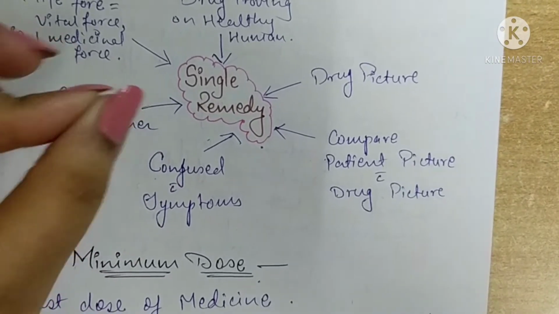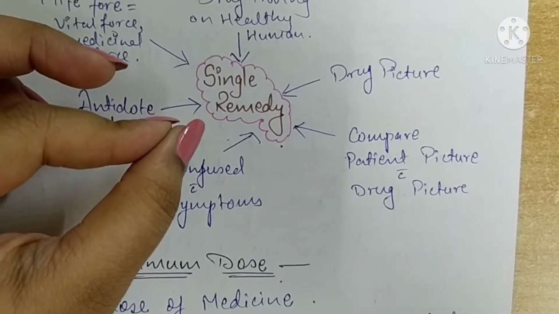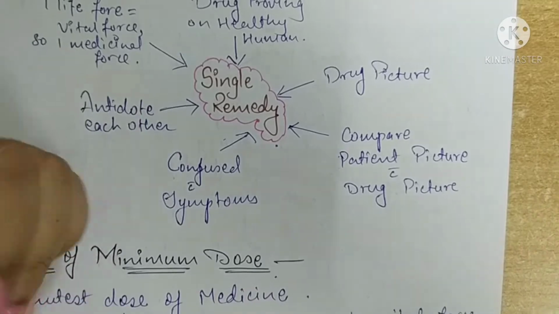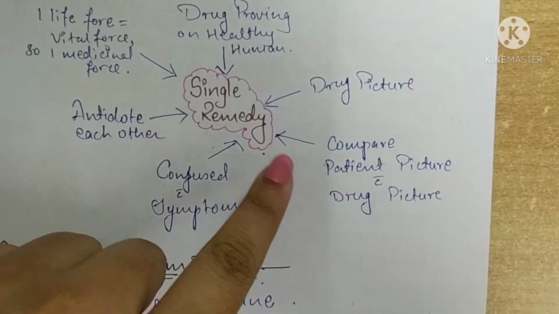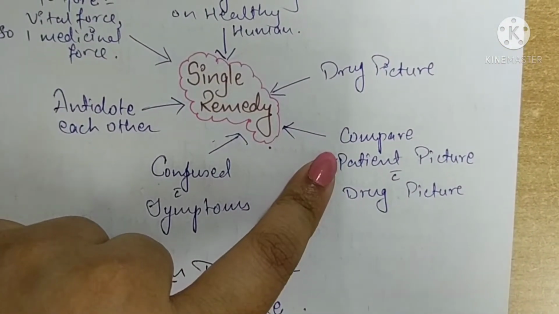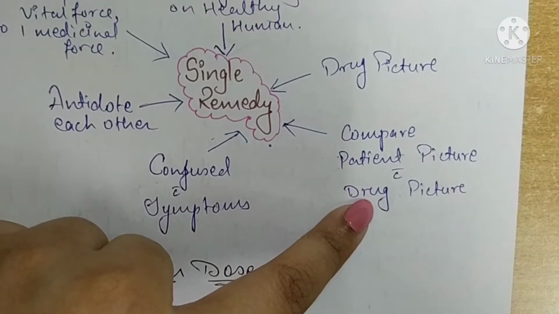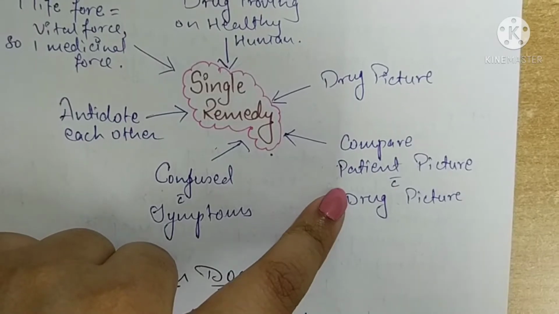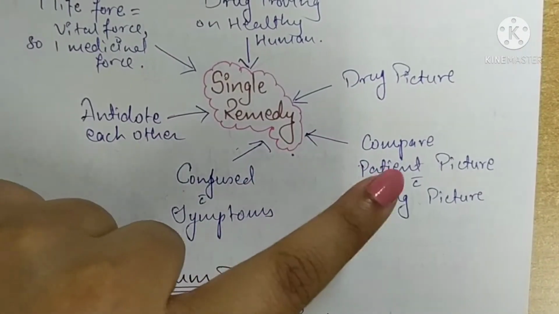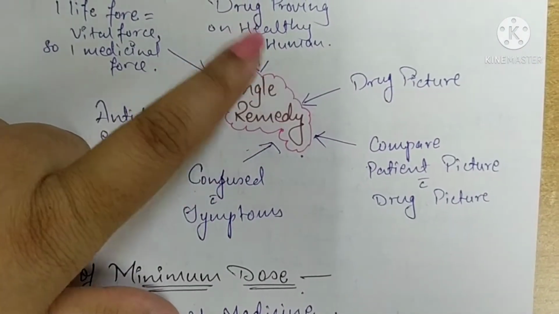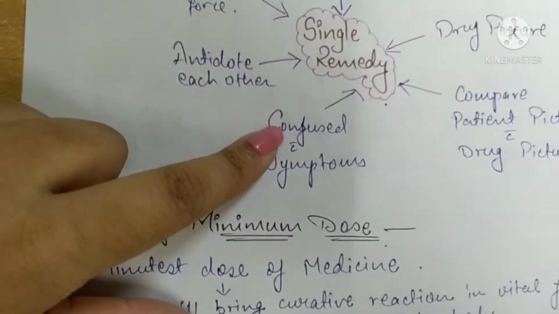If one medicine is proved on a healthy human being and similar symptoms are seen in the diseased patient, then we compare the patient picture with the drug picture which we have proved. This is possible when a single remedy is prescribed.